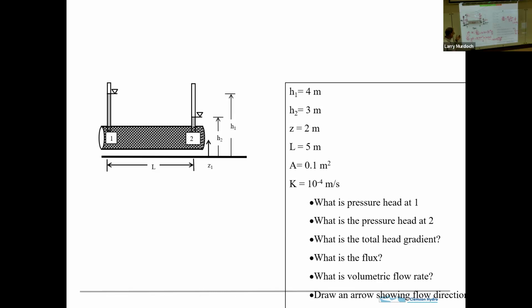So the way to do it is the flow is always going from high hydraulic head to low hydraulic head. So there's high hydraulic head, there's low. So that's the flow direction. Okay, all right, so that's the first example.